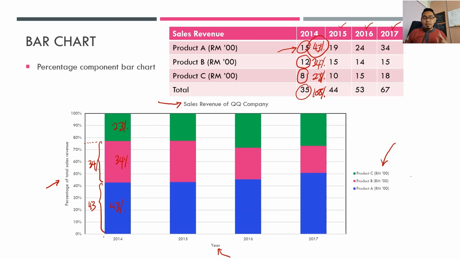Sometimes the component bar chart is named a stack. Why? Because it is stacked on only one bar, stacked, tersusun. And the last one is the percentage component bar chart.